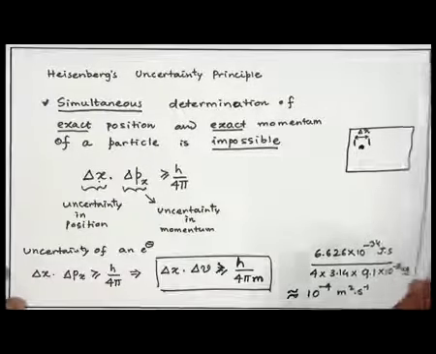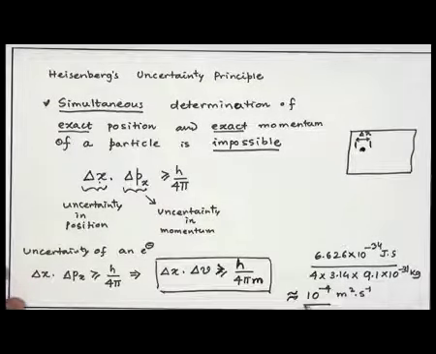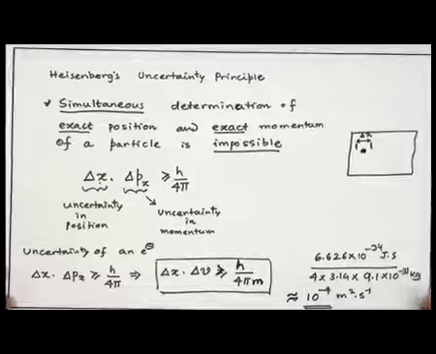All right, we keep this in mind. The uncertainty for an electron is coming out to be 10 to the power minus 4 meter square per second.